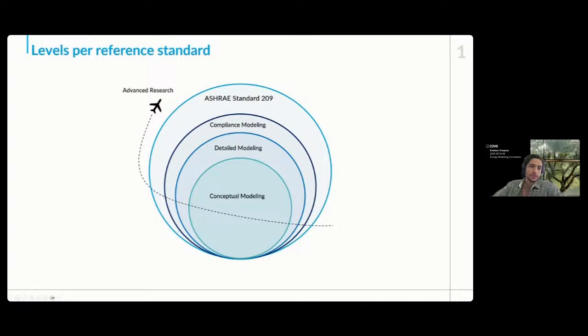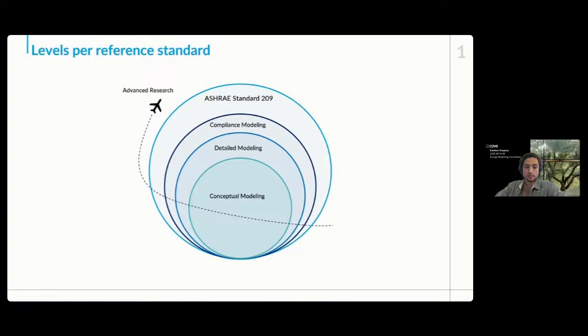And then we have this little plane here navigating in and out that universe that is advanced research modeling. So yeah, research could be applied to any different phase or level of modeling, but it also gets out of it and goes beyond.